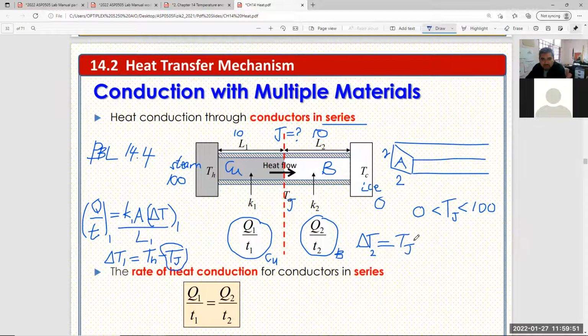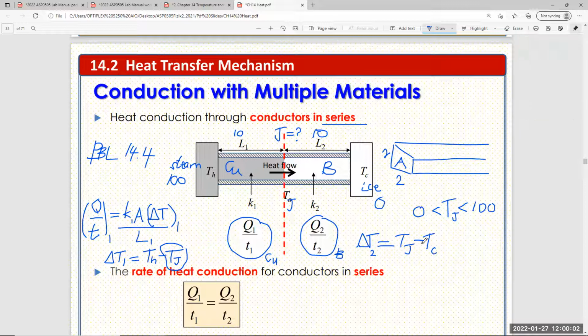TJ is higher than TC, which is the ice, so the term is different. That's why heat will flow from left to right, so delta T2 should be TJ minus TC.